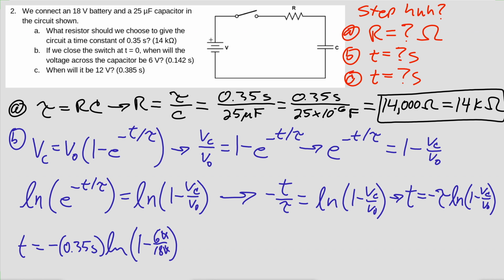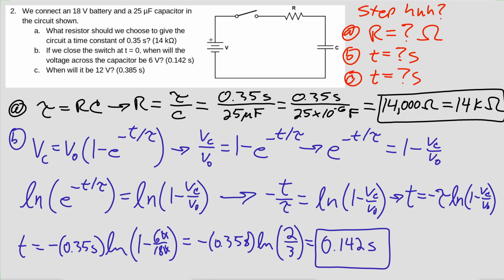The volts cancel. So this is really equal to minus 0.35 seconds times the natural log of 1 minus 6 over 18, which is the same thing as 1 minus a third. So the natural log of 2/3 ultimately is what I have here. And if you do all this, you're going to get 0.142 seconds. So there's my answer for part B.